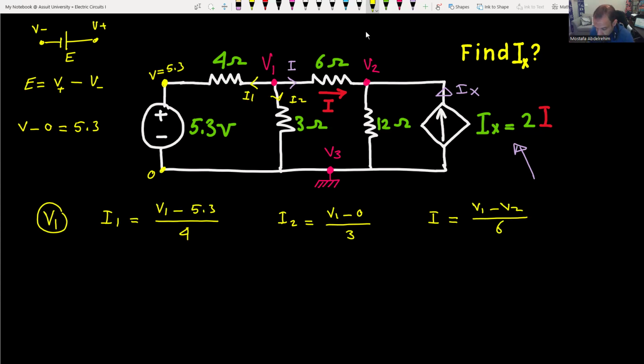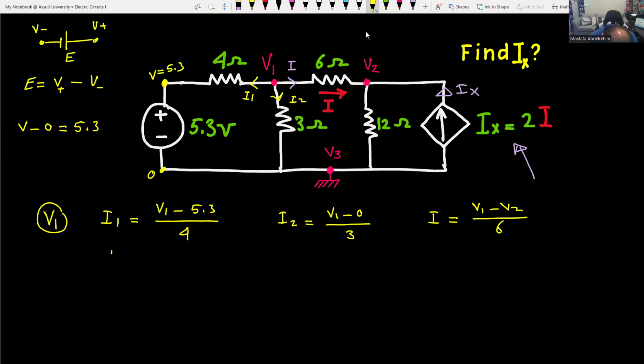Kirchhoff's current law says the summation of all the currents leaving a node is equal to 0, or the currents going into the node equal the summation of the currents going out of the node. Here, all of them are going out of the node.